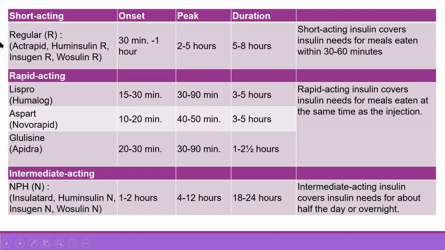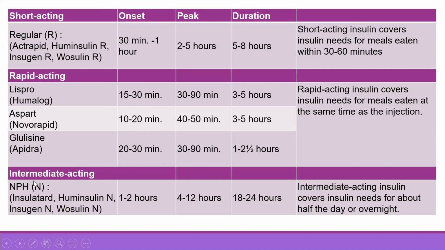You can use both these varieties of insulin as a mealtime insulin, or what we sometimes call bolus insulin.